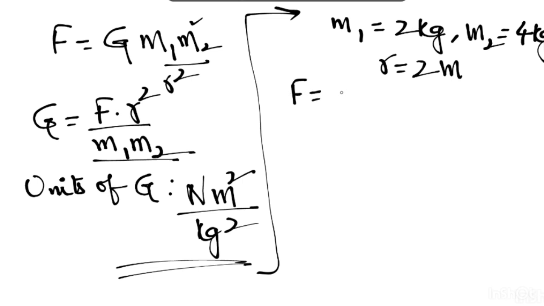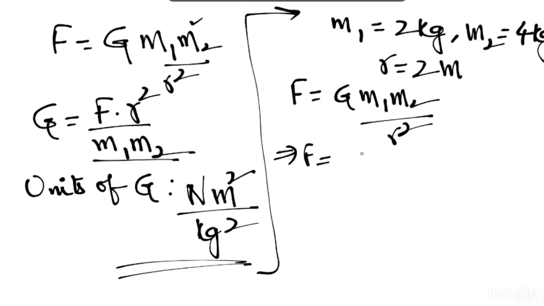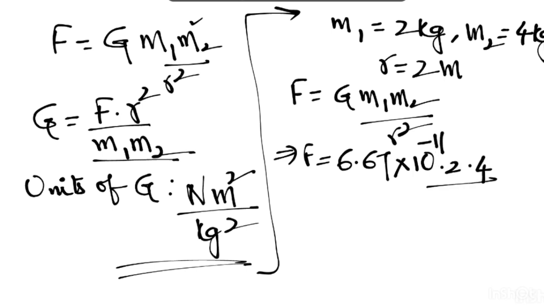F equals G m1 m2 by r square, which implies F equals 6.67 into 10 power minus 11, m1 is 2 and m2 is 4, by r square, so it is 2 whole square, and 2 whole square is nothing but 4.